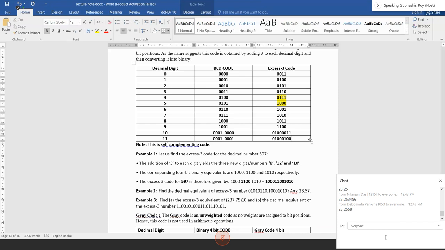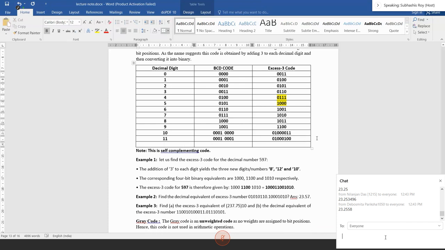So this is 11, and now if I show you for 12, this is for 12, and here it is 1 plus 3 is 4, 0100, then 2 plus 3 is 5, 0101.